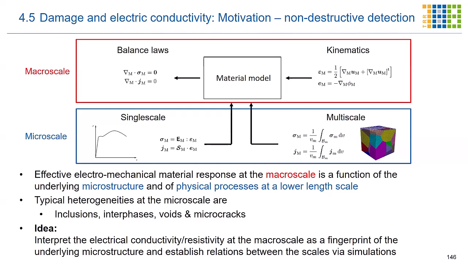For the last step, we need to link these two scales by averaging theorems, homogenization techniques. These techniques translate the information from the micromechanical models to the macroscopic level in an effective way, allowing us to predict the overall mechanical response or the electrical response of the material.